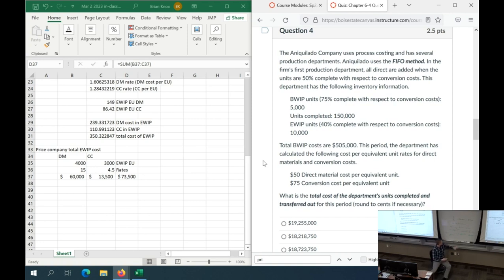And so we can't replace beginning WIP physical units with beginning WIP equivalent units. There are some physical units in beginning WIP, but for direct materials, their equivalent units is 0. We can't plug it in. So the algebra would work.